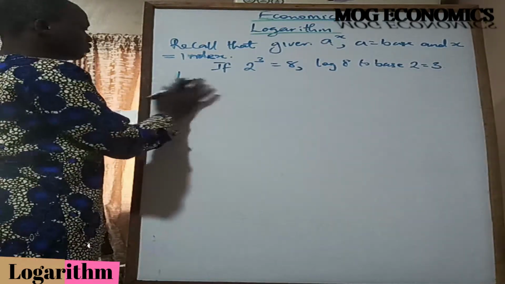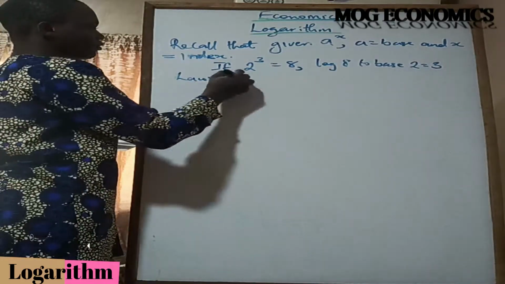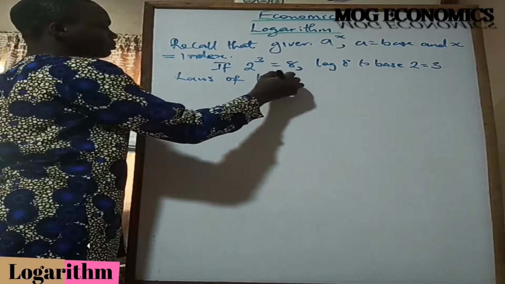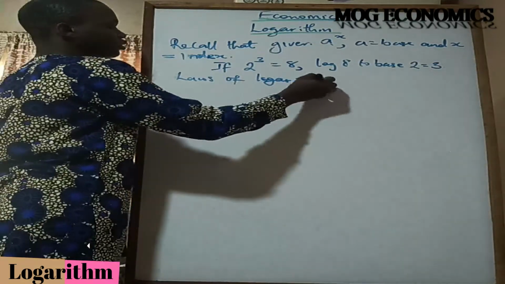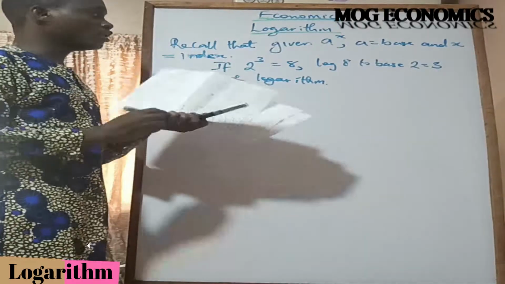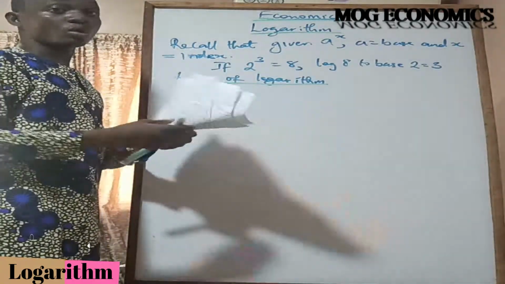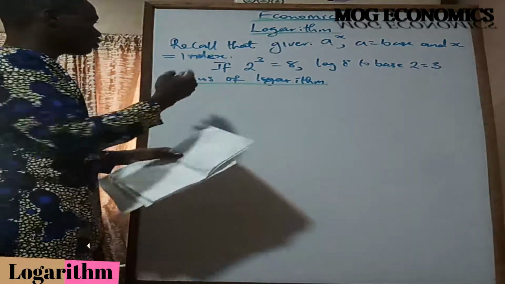So there are a couple of rules that we need to learn. Let's even go to those rules first. Laws of logarithm. Remember that we also had laws of indices, right? We had about 5 or 6 of them. Laws of logarithm are not so much, at least for the scope of this particular lesson. So we're just going to look at 3 of them.